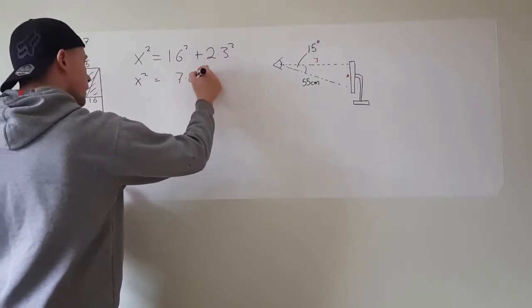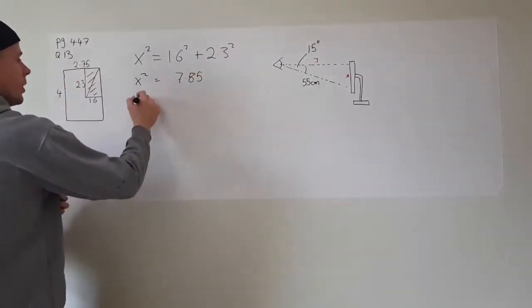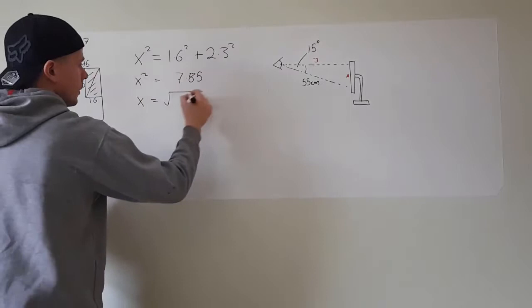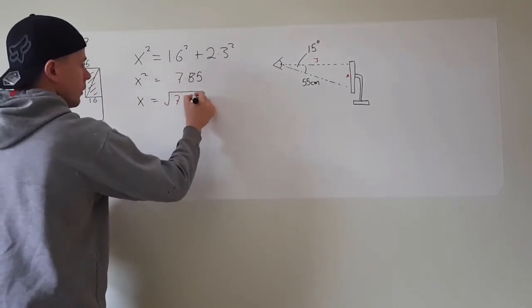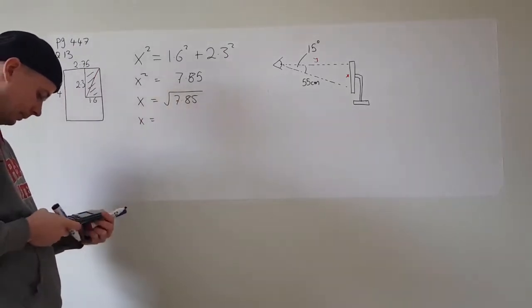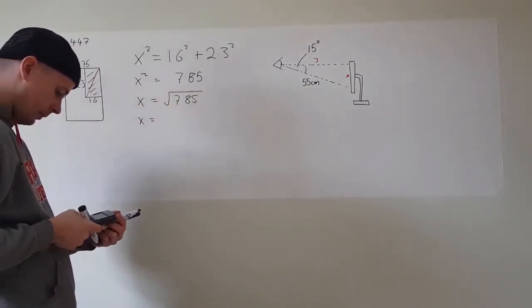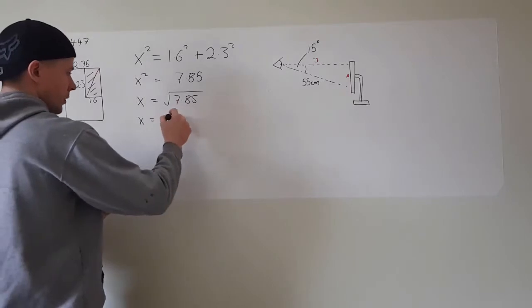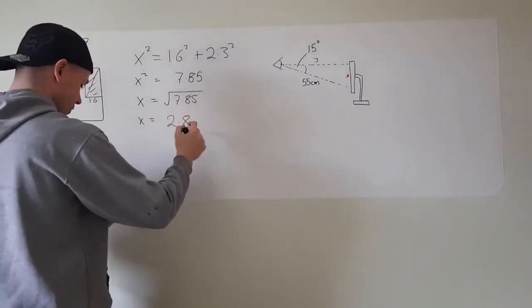Get the square root of that. The square root of 7.85 is going to give us an answer of 2.8 meters.